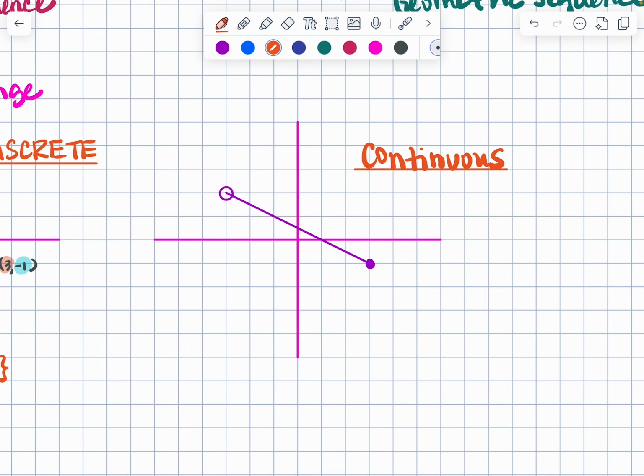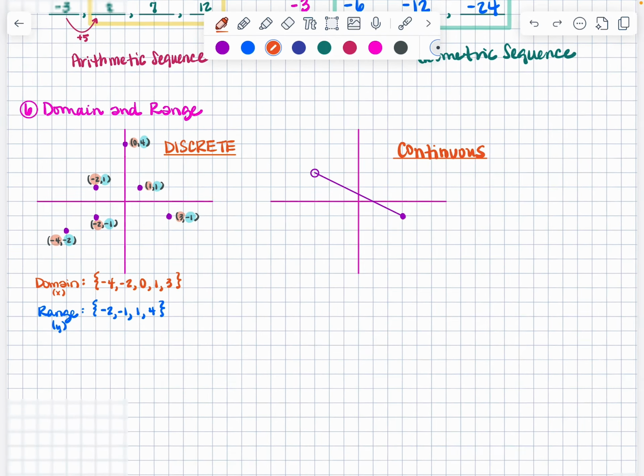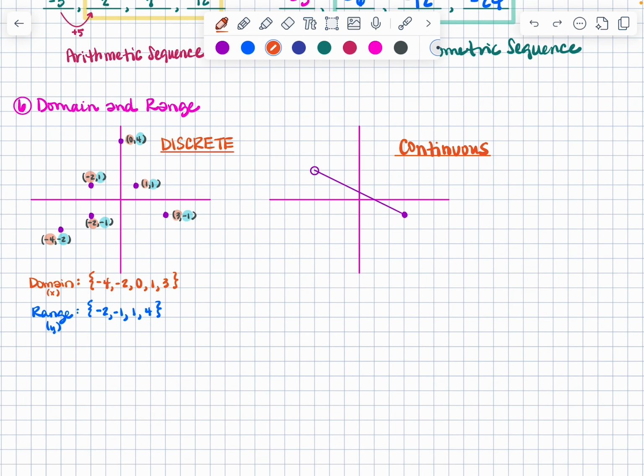If it's continuous, that means your domain and range is either all real numbers, if it goes on and on forever, or you're going to have to use inequalities. Clearly this graph doesn't go on forever because there are no arrows on the ends. There are actual dots. So here we go. Our domain.